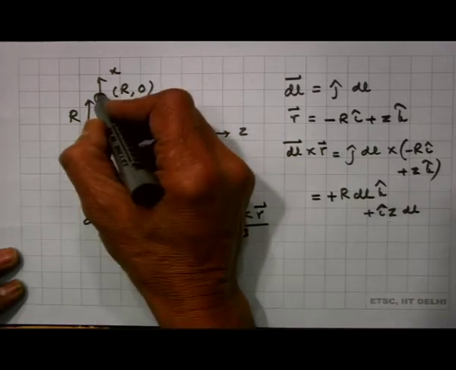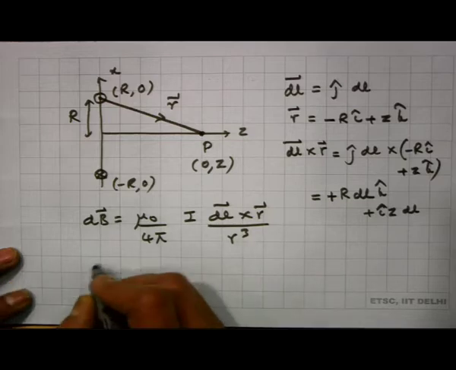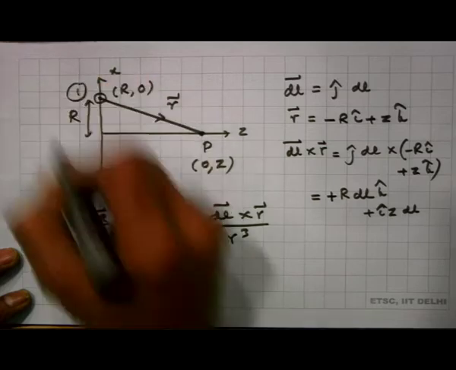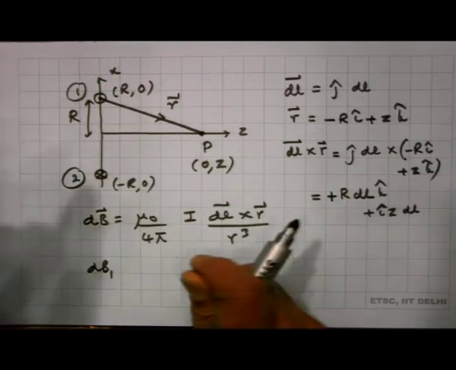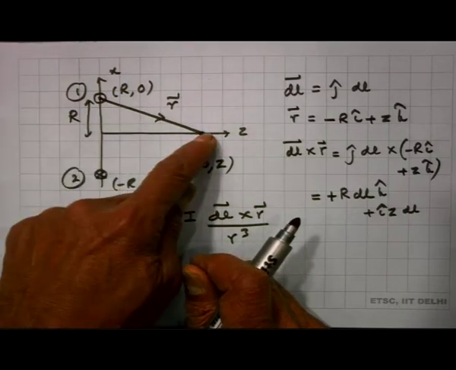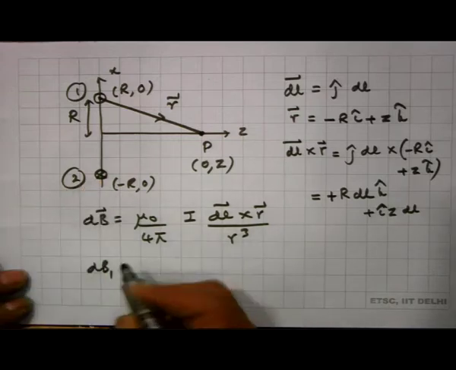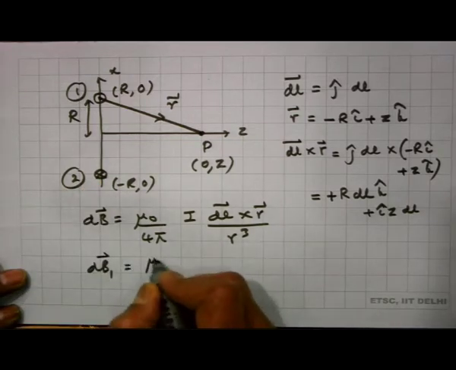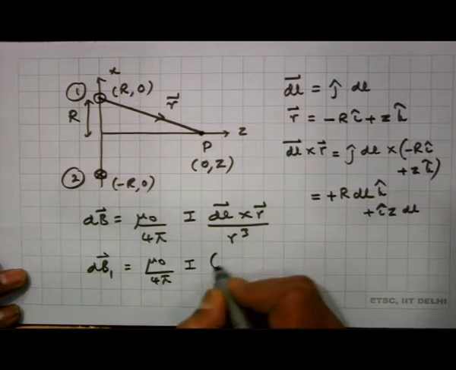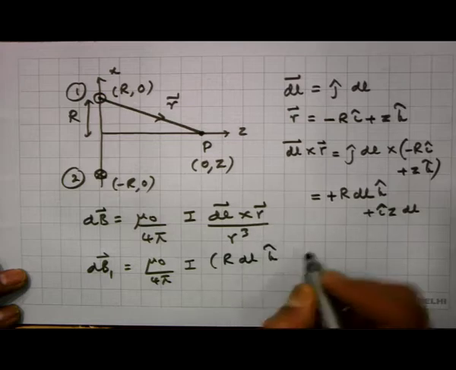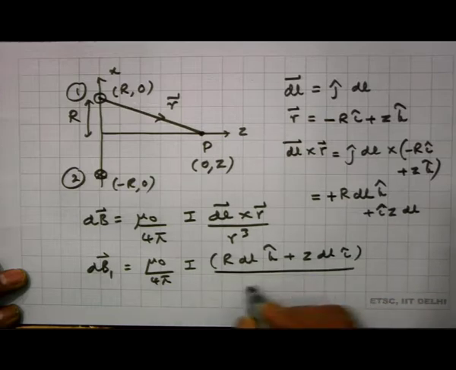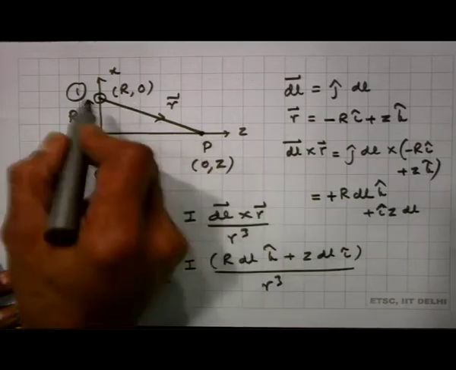So, because of this current element, the magnetic field produced at this point, let me call it dB1. So, this is 1 and this is 2. I want to calculate the magnetic field here because of the small current element 1, and the magnetic field here because of the small current element 2. So, because of 1, I have mu naught by 4 pi I, where dl cross r is r dl k cap plus z dl i cap, by r cube. r is the distance from that point to this point.